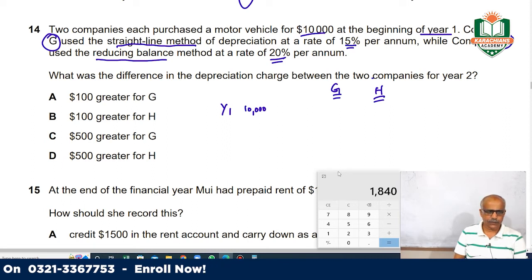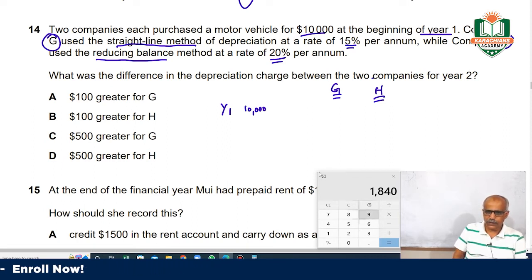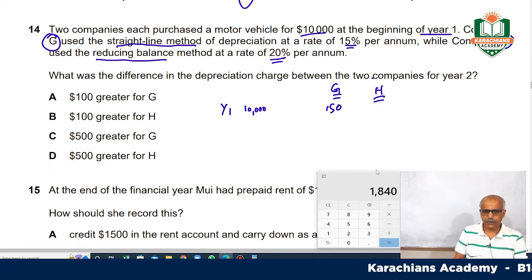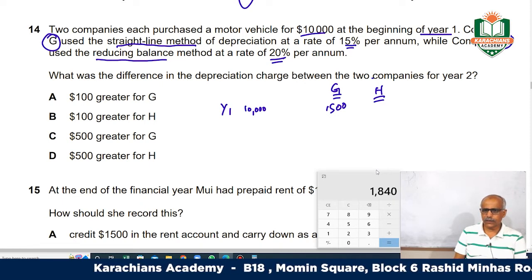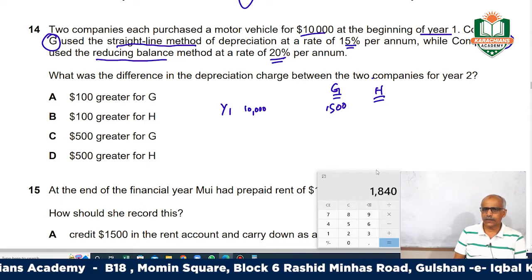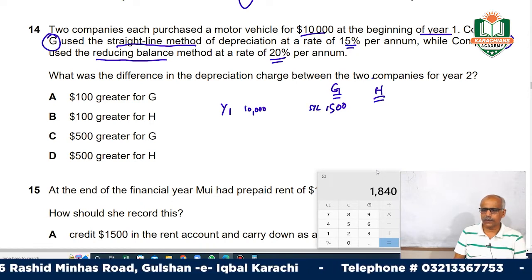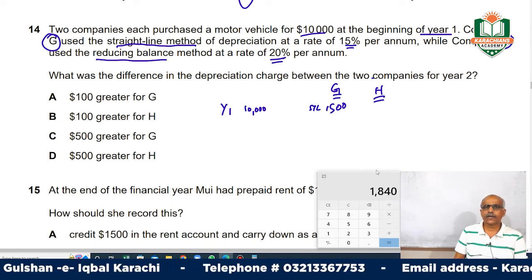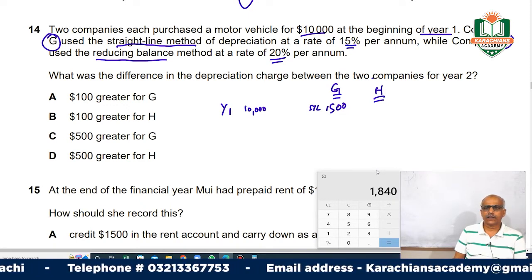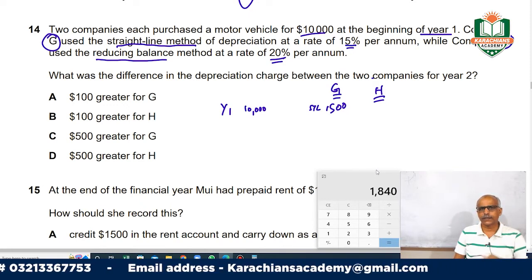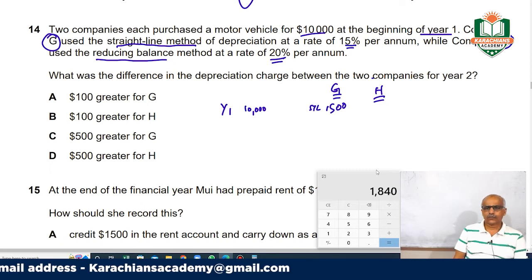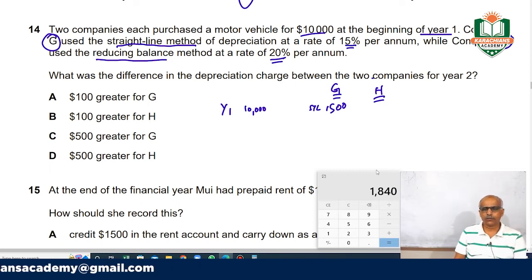So 15% of 10,000 would be 1,500 depreciation. In straight line, this 1,500 will remain constant for the whole life, with no change.